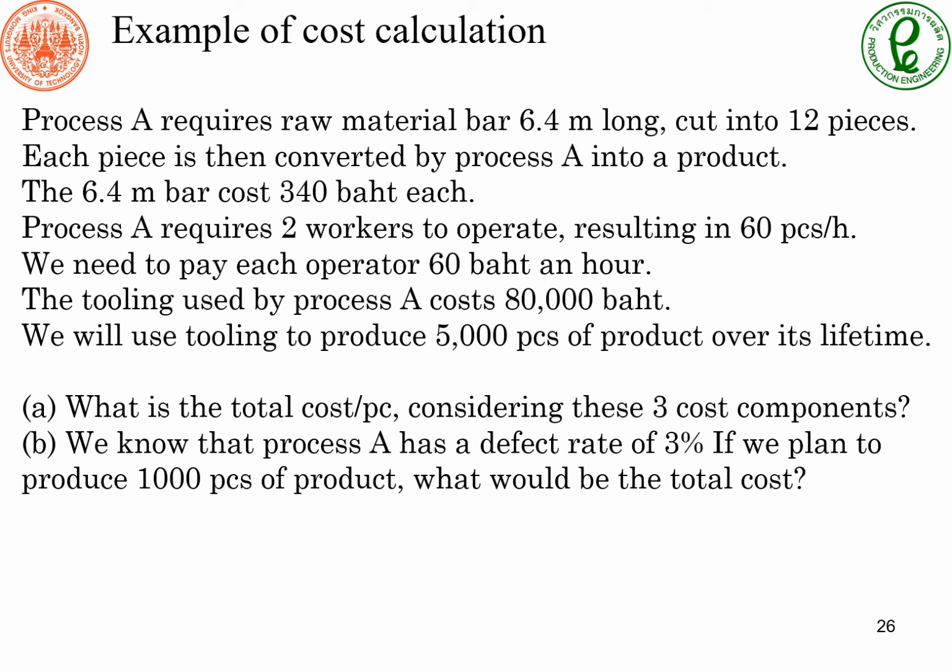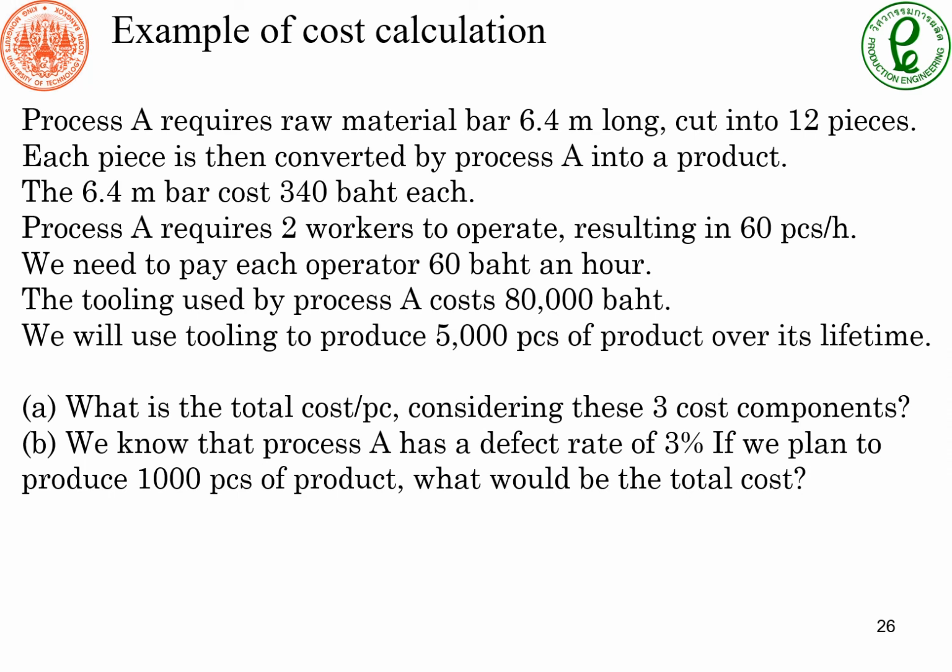Process A requires 2 workers to operate, resulting in 60 pieces per hour. We need to pay each operator 60 baht per hour. The tooling used by process A costs 80,000 baht. We will use the tooling to produce 5,000 pieces of product over its lifetime. What is the total cost per piece, considering these three cost components?